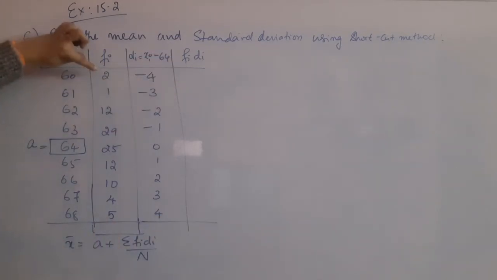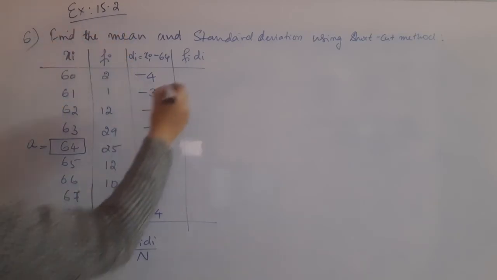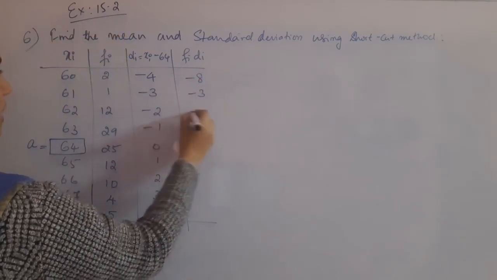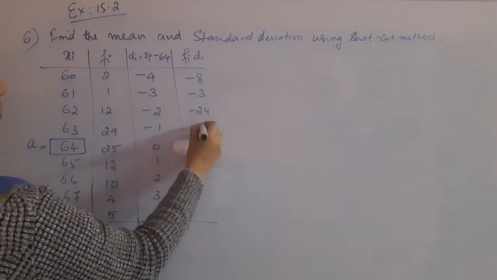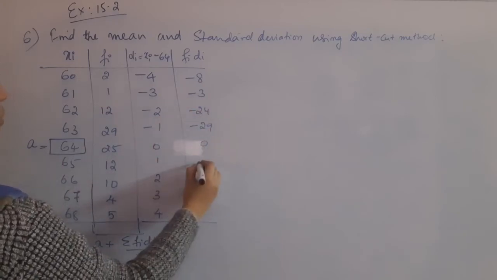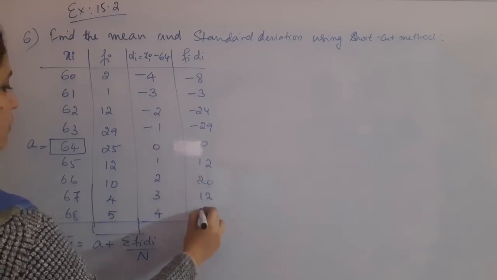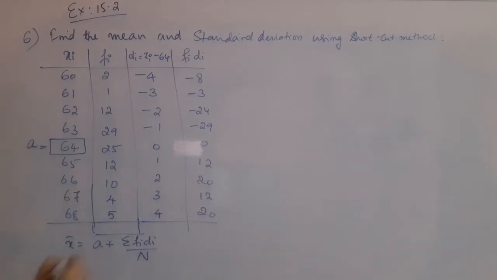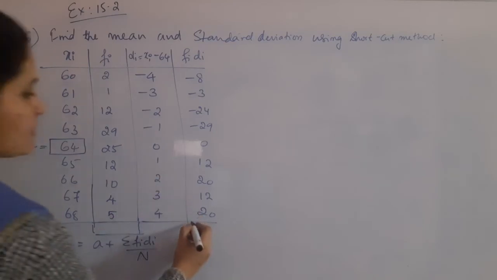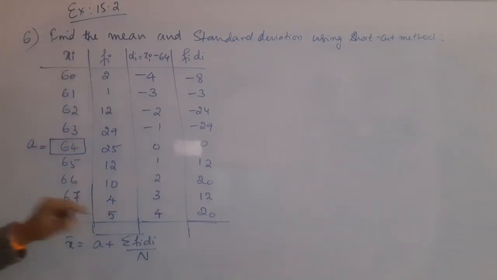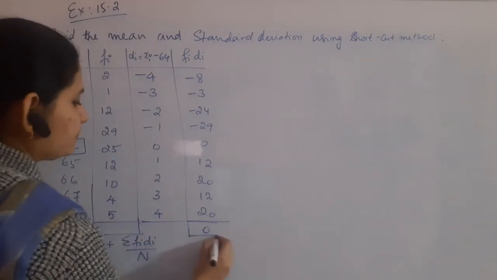What is fi di? Fi times this di. So here you will get minus 8, minus 3, minus 24, minus 29, 0, 12, 20, 12, 20. Correct? Now what is the sum of all these? Just see. Very interesting. It will be 0 only.